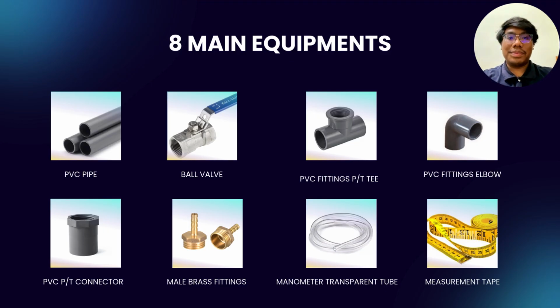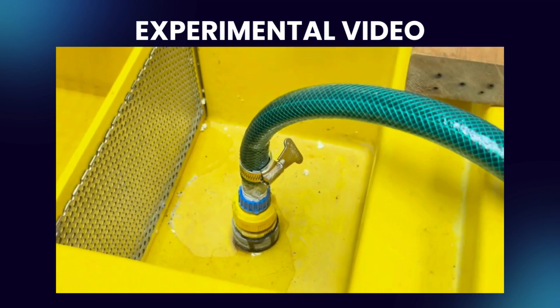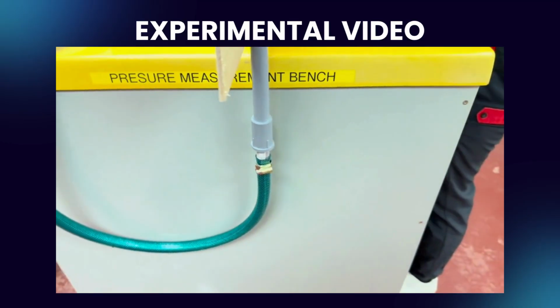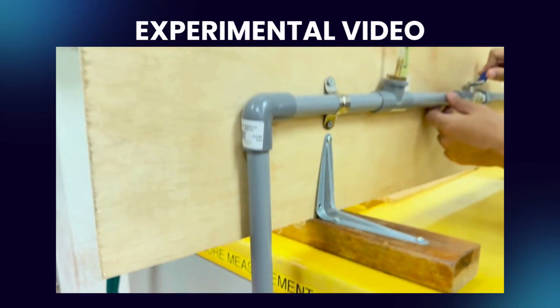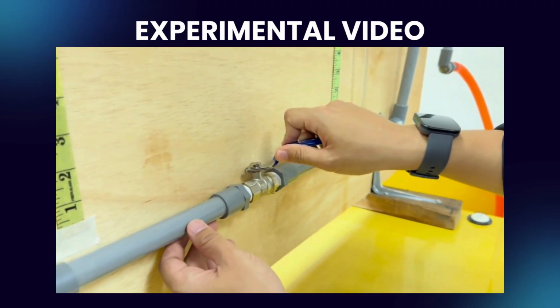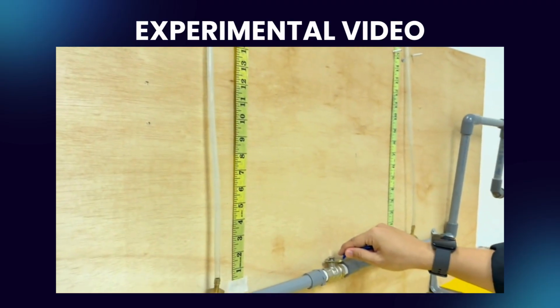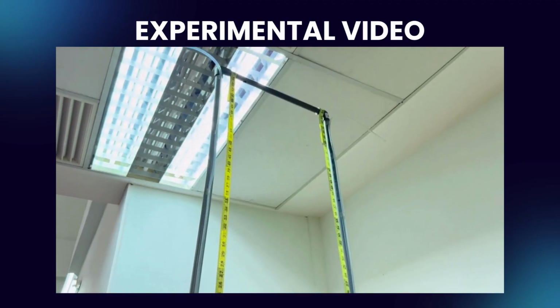Now we move to the experimental video. Firstly, the source is plugged into the water flow, and then the hose is connected using the PVC connector to our piping. In the middle of the pipe, we have the ball valve, and then 2 manometers and a measurement tape are put together along the way.